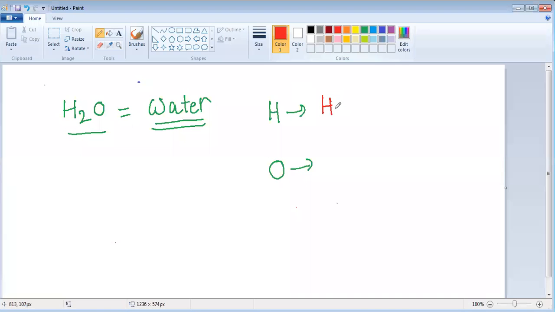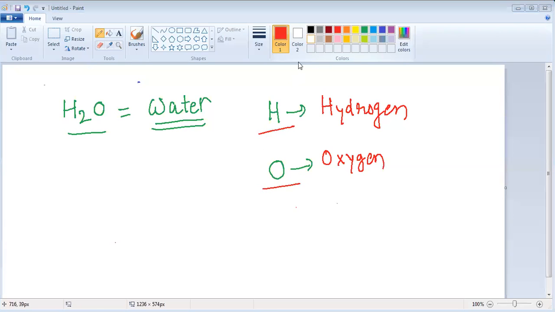H represents hydrogen. O represents oxygen. तो H and O को क्या बोलते हैं? What are these H and O? बता सकते हैं आप?